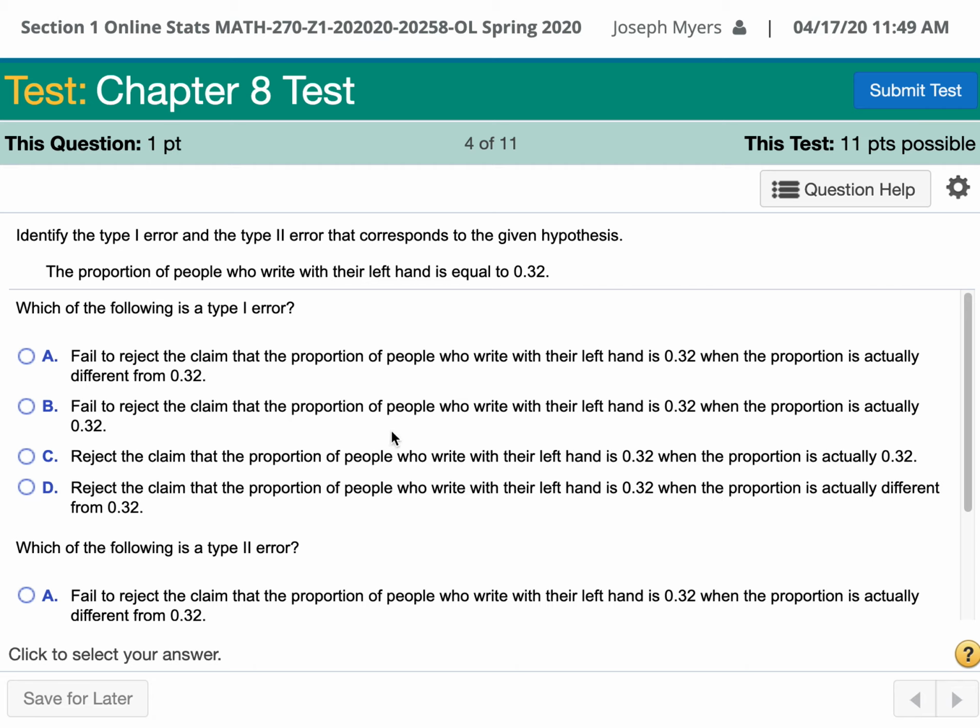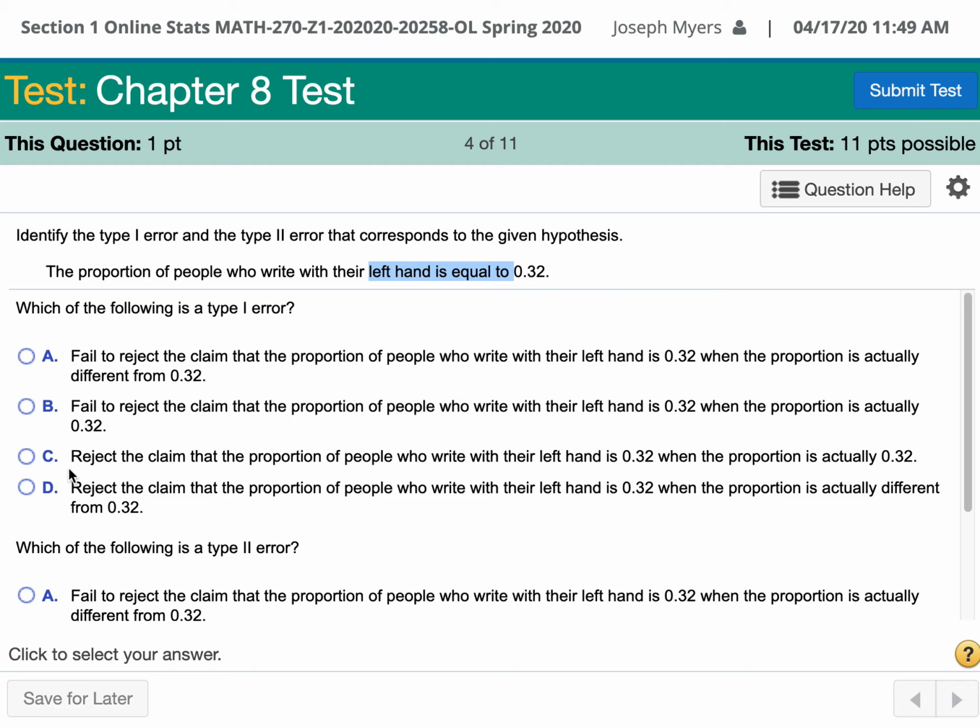All right, then problem 4. A type 1 error means that you falsely reject the null hypothesis when the null hypothesis is actually true. Notice that this involves an equals. So this is the null hypothesis: the proportion of people who write with their left hand is equal to that. If we falsely reject that null hypothesis when it's really true, then that's called a type 1 error.